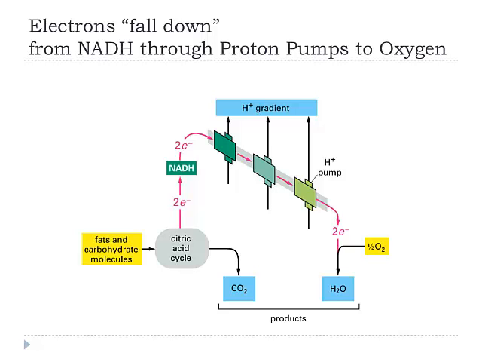So from that 6-carbon sugar being split into two 3-carbon molecules, pyruvate, and then converted into acetyl-CoA, which then becomes another 6-carbon molecule and is cycled through the citric acid cycle.